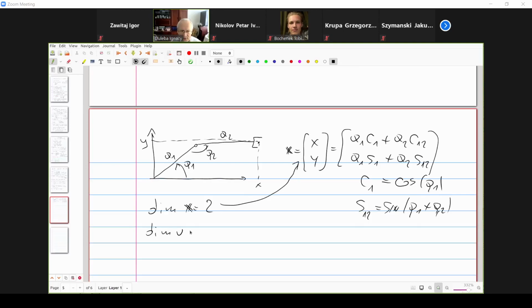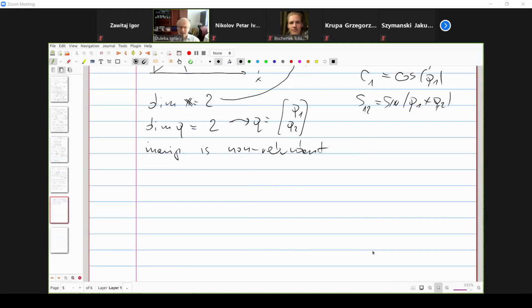The dimensionality of Q is also 2 because Q is composed of Q1 and Q2. So this manipulator is non-redundant. So let's calculate the Jacobi matrix.